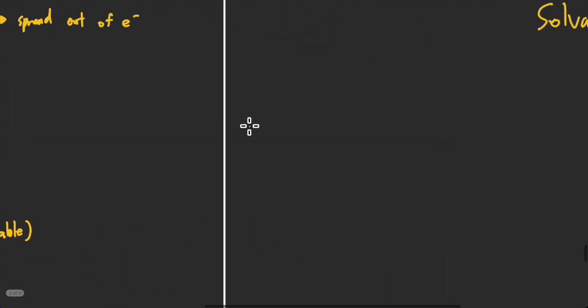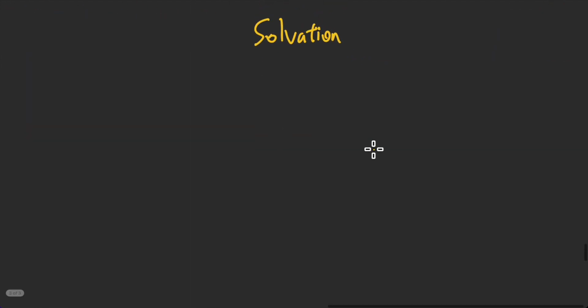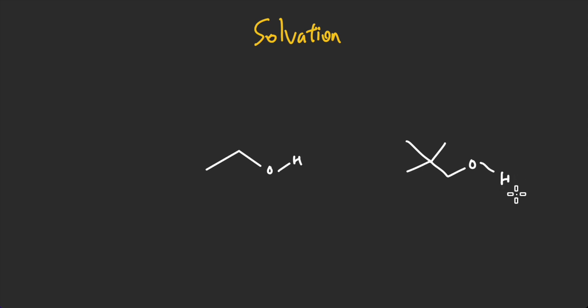Now let's talk about solvation. Let's say we have a compound, also an alcohol, and another compound, also an alcohol, but now it has more carbon attached to it, something like this.